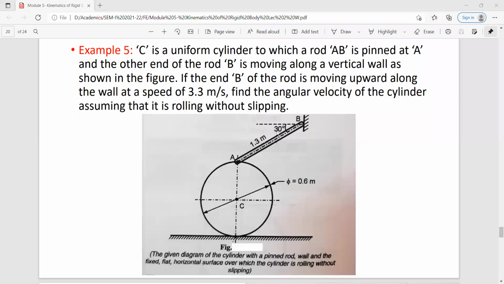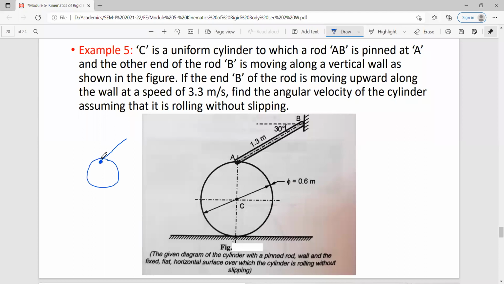How is that connection? So the connection is like this. Suppose there is the cylinder and this particular rod is connected here, you can say with the help of a pin or nut and bolt, like that.